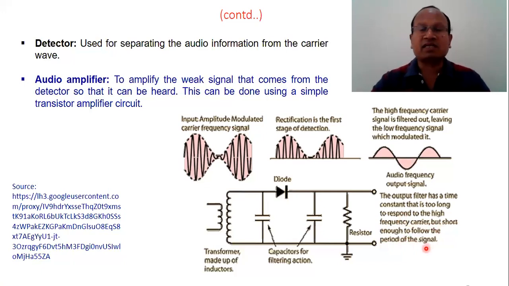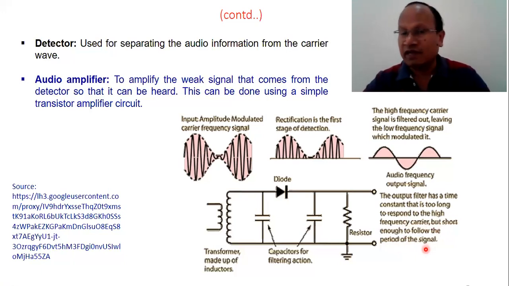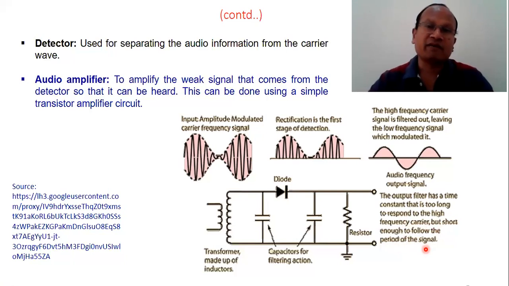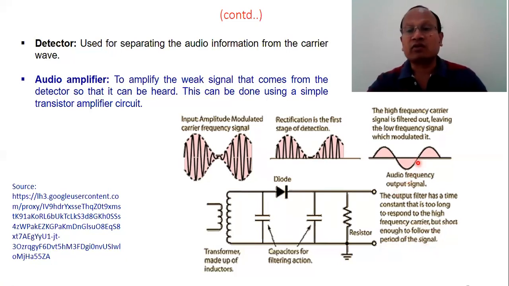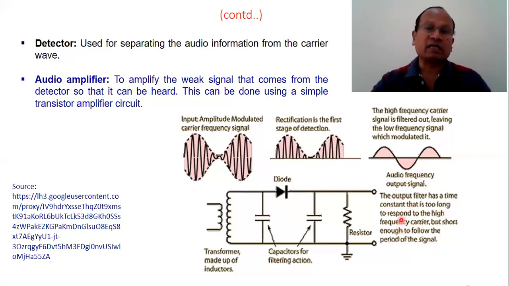We have discussed that the time constant must not be very high or very low. It must have some medium, average value, so that it can provide a smooth audio signal. When it is very high, distortion results. When it is very low, it will not follow the path, that is, the envelope.